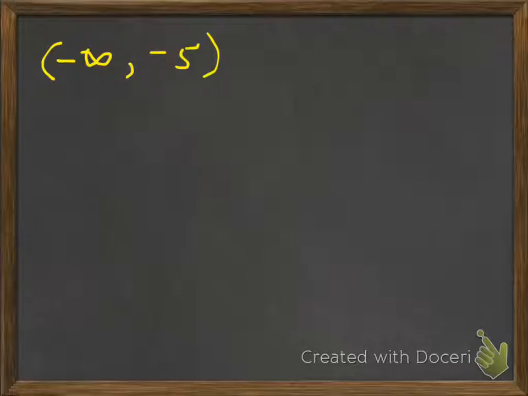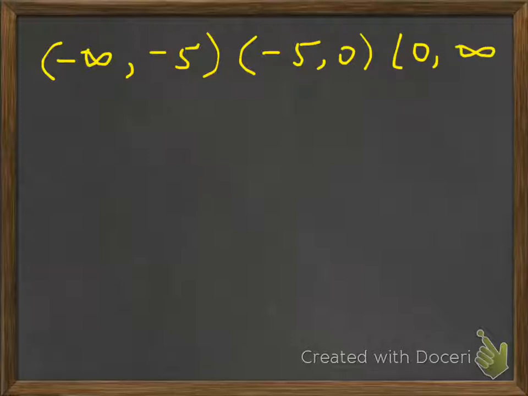I shouldn't say the smaller value because there's only one critical number, but nonetheless. Negative 5 to 0, and then 0 to infinity. We want to make sure all of these intervals are open. We know the derivative is either 0 or undefined at each of these endpoints, so they're not included in our testing. We won't ever choose the endpoints when testing in the derivative.